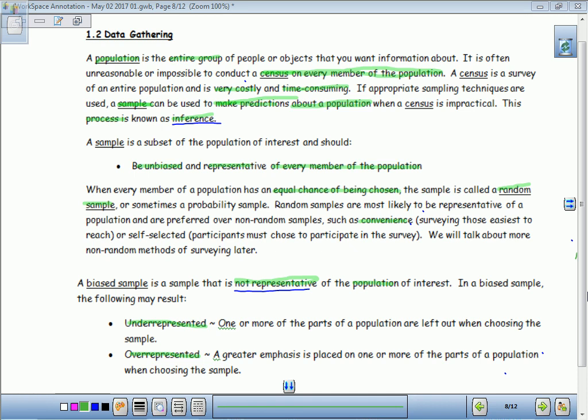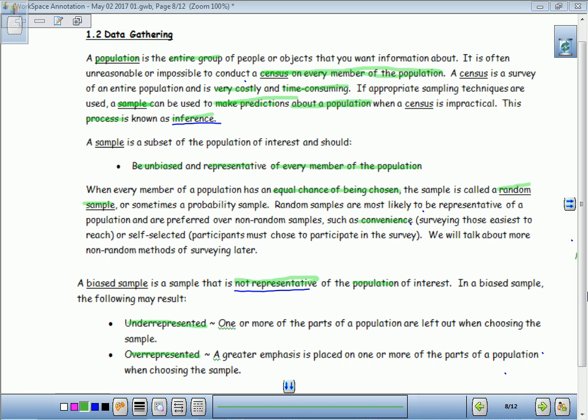And what do we call that? A census. Okay, well, that's what we call it. When we conduct a census, that means we're collecting information on every member of the population. We also talked about yesterday how a census is very costly and extremely time-consuming and usually ineffective because it's difficult to locate every member of the population.